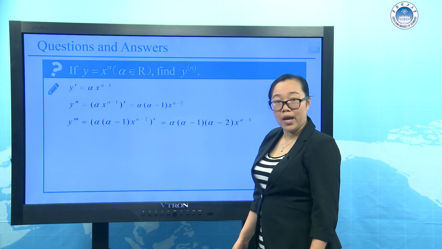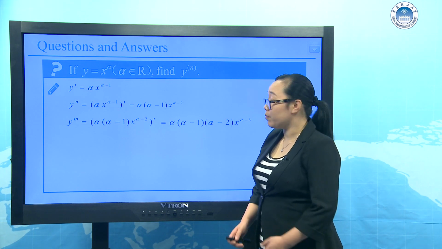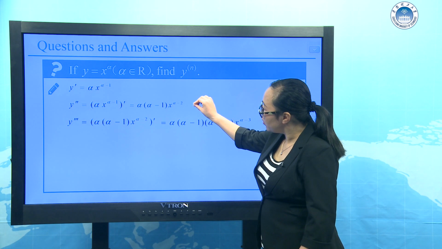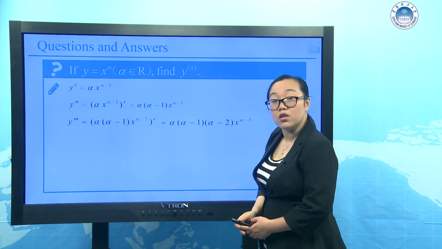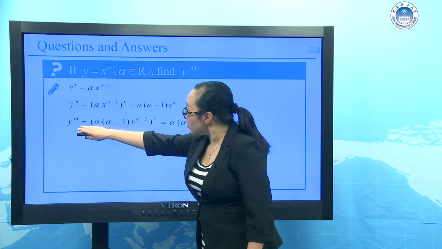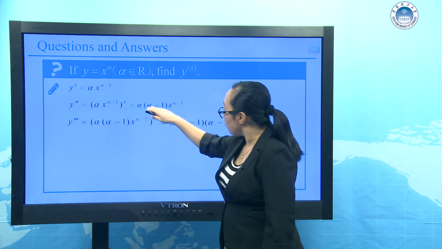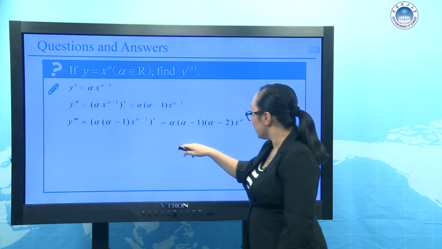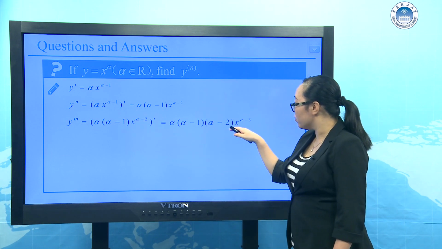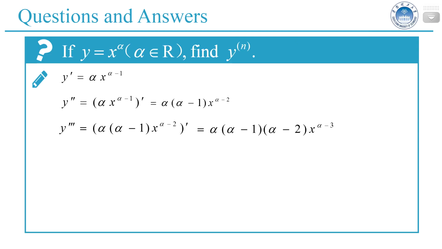Similarly, we can get the third derivative. Add to this expression, differentiate again on both sides. The third derivative equals the constants taken out, and this term's derivative gives alpha minus 2 times x^(alpha minus 2 minus 1), together alpha minus 3. The first corresponds to this form.